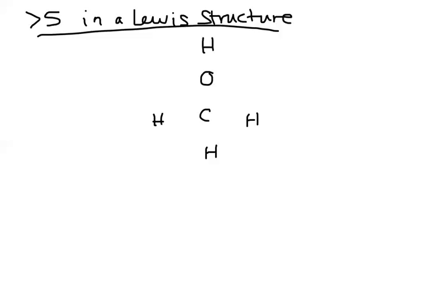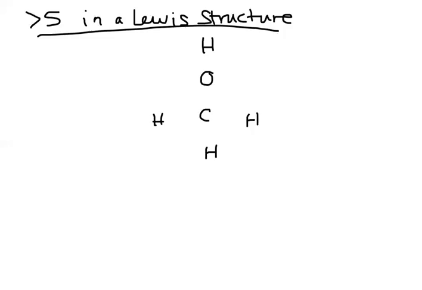It's always going to be covalent. I'm not going to do this for ionics. So what is the first thing you do with a covalent Lewis structure? You have to count something. Valence electrons.